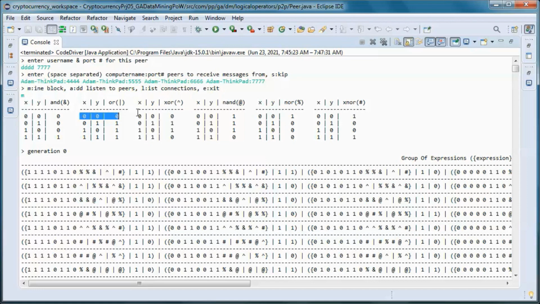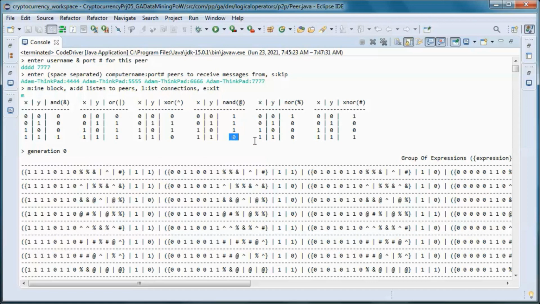For XOR, if x is equal to y, then the result is false, otherwise it is true. And NAND is the inverse of AND, so here we have 3 zeros and a 1, and here we have 3 ones and a 0.